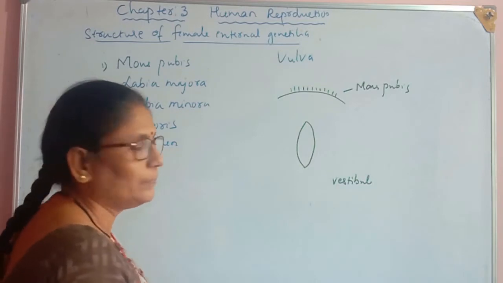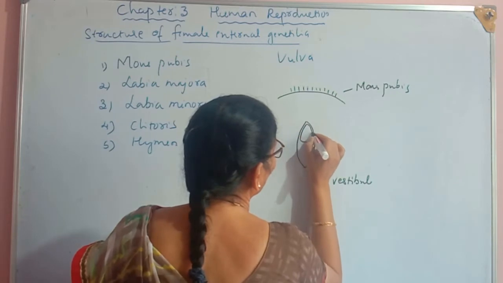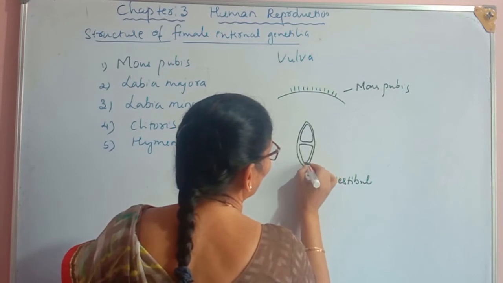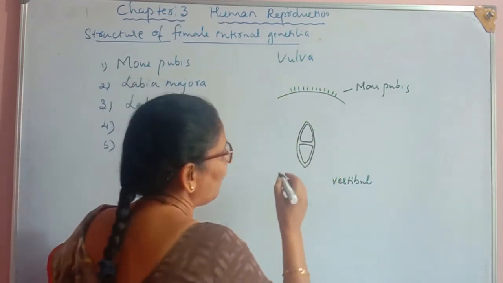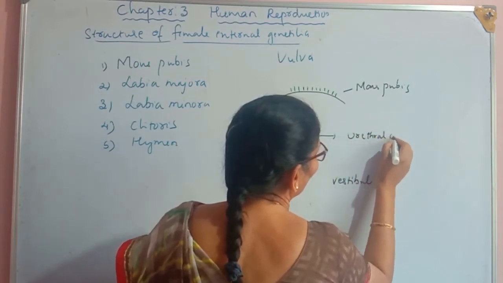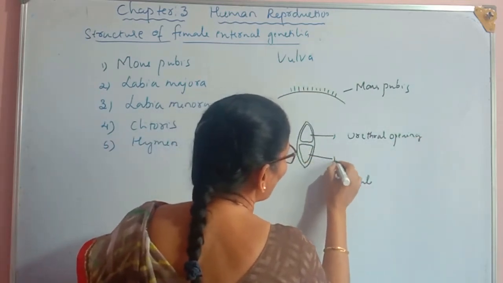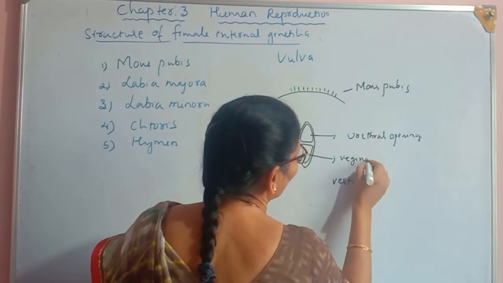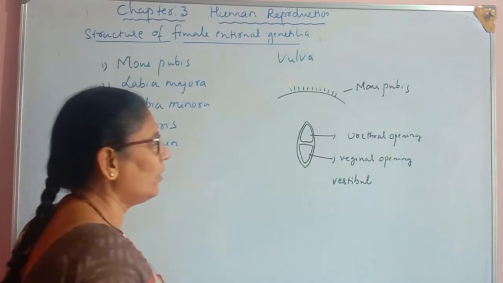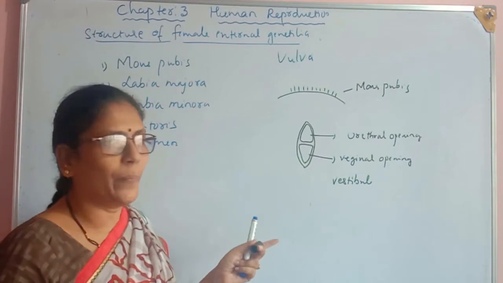Inside the vestibule, there are two openings. The upper opening we call the urethral opening, and the lower opening is called the vaginal opening or orifice. So in female, the urethral and vaginal openings are separate.